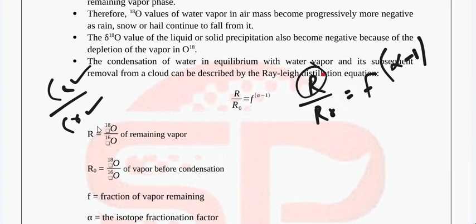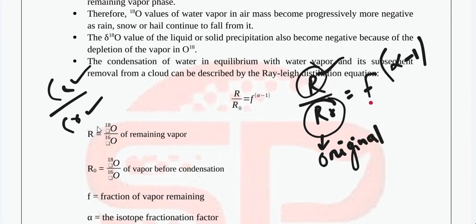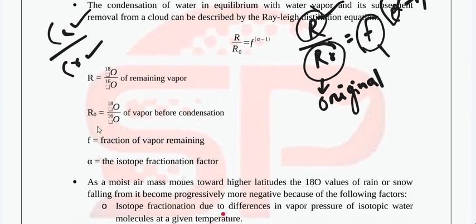R is the remaining vapor, R0 is the vapor before condensation, that is the original. F is the fraction of vapor that is condensed, that fell through rain, and alpha is the fractionation factor, like the bulk distribution coefficient, same thing. So you can also apply it to the oxygen isotope.